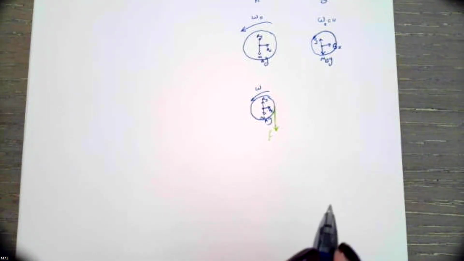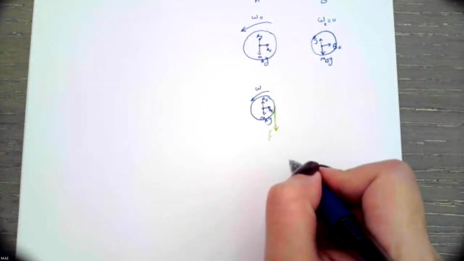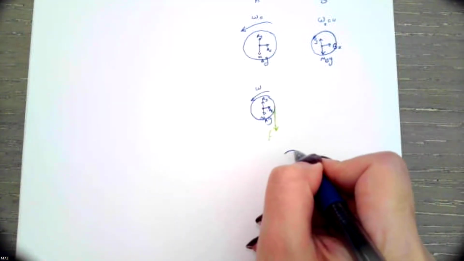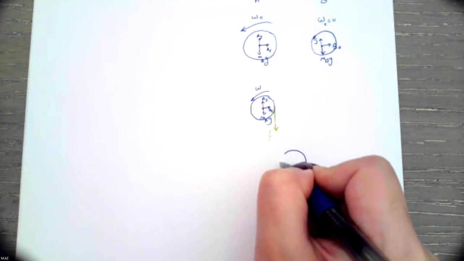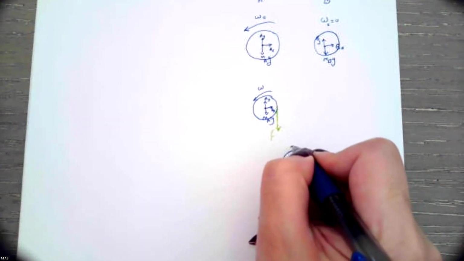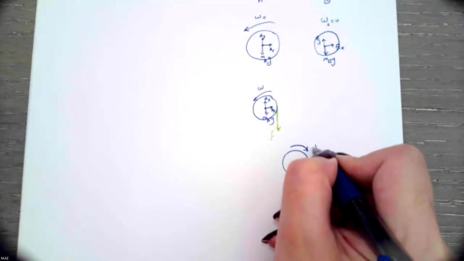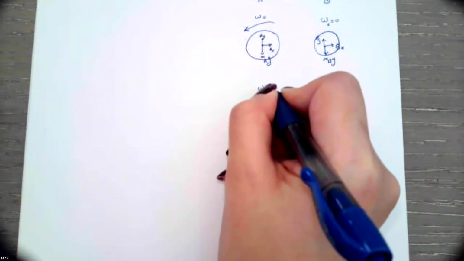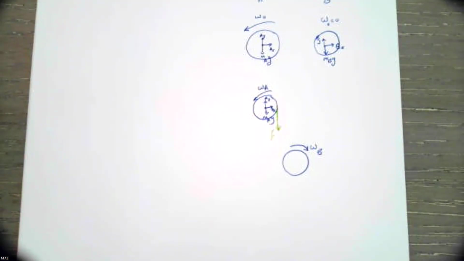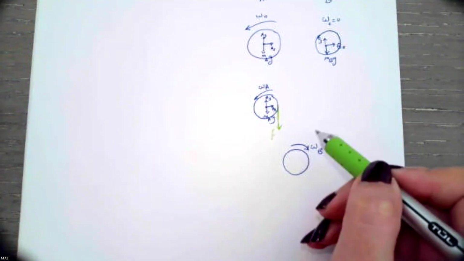This is before the contact. But after the contact between disk A and B, the problem shows that disk B starts rotating clockwise. This is about the direction of omega. Now we are drawing a free body diagram for disk B again.